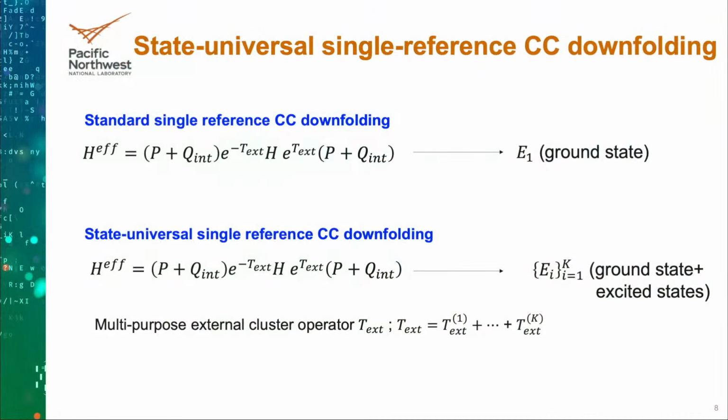Which is like an oxymoron, right? Because single reference also brings this feeling that you are dealing with a single energy. Actually, it's quite the opposite. So using the same expression for the effective Hamiltonian, but a different interpretation of the external cluster operator, you can form a state universal effective Hamiltonian, which describes several energies, the ground state, for example, and some low-lying excited states corresponding to the states which are of the same symmetry as our reference Slater determinant, right?